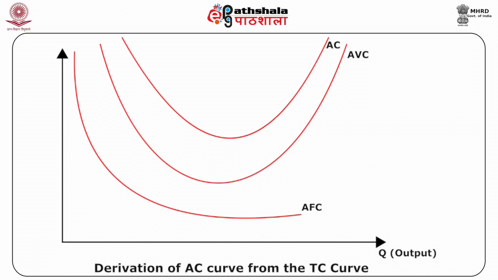The average cost, which is the summation of the average fixed cost and the average variable cost, is U-shaped, and so is the average variable cost. But the difference is that the average variable cost reaches the minimum point earlier and the average cost reaches the minimum point slightly later, and thereafter the gap between the two goes on reducing because the average fixed cost also goes on reducing.